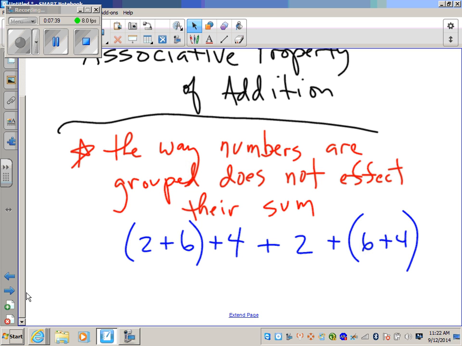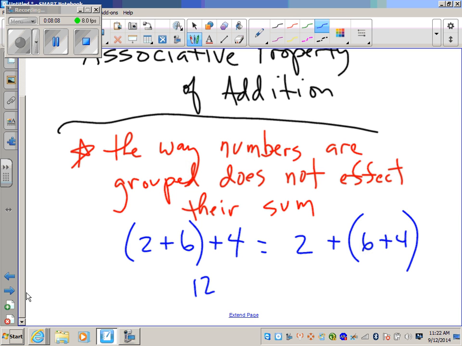So if you're using the associative property, chances are you're adding more than just two numbers together. Like here, the example is we're adding 2, 6, and 4, not just 2 and 6. So if I go 2 and 6, I get 8. Add that 8 to 4, I get 12, right? But here, it should be equal.